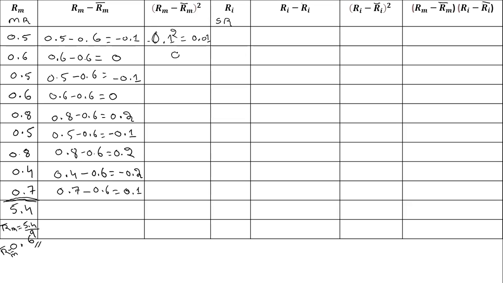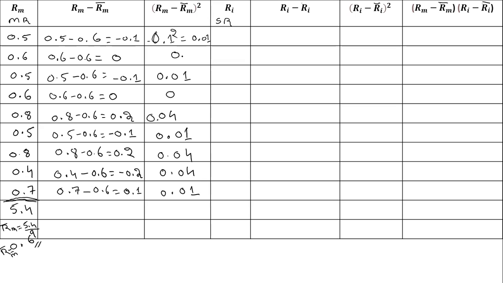So here we'll get 0, here 0.01, again here 0, then 0, 0.04, 0.01, next 0.04, again 0.04, and at the last we will get 0.01.